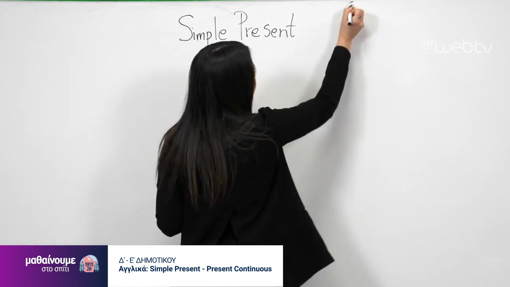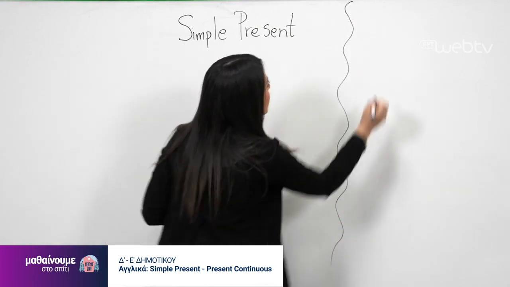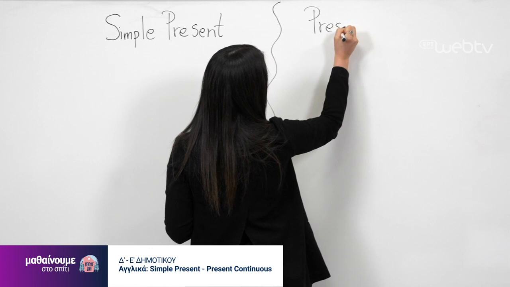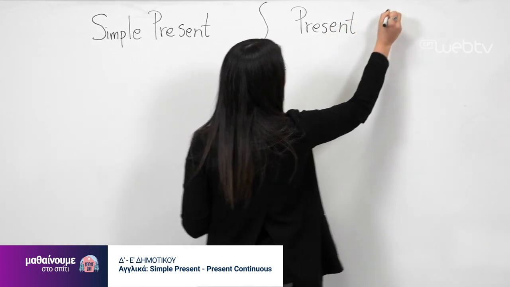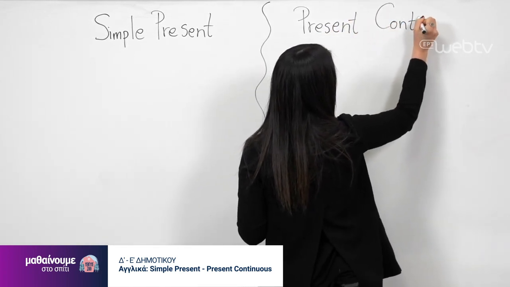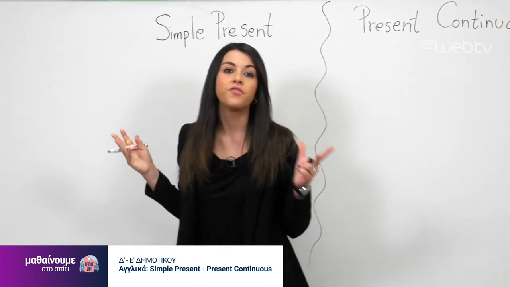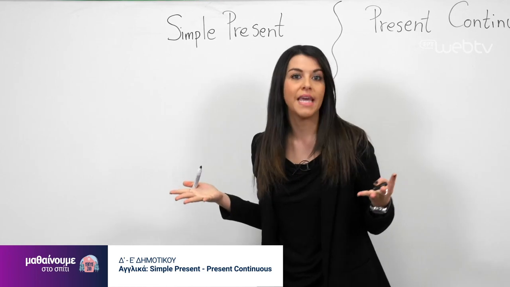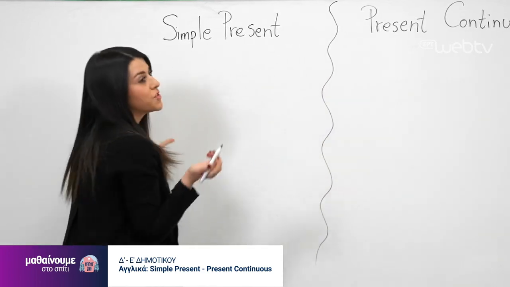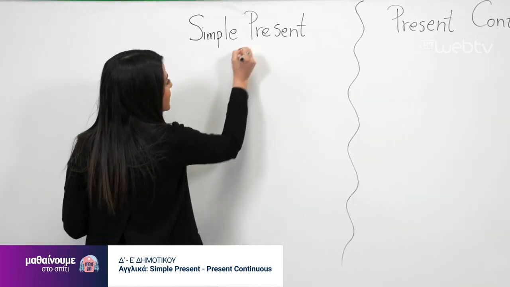Simple present and then present continuous. Okay, so let's start from a basic verb like I play. So, how do we conjugate it in the affirmative? Affirmative is κατάφαση.